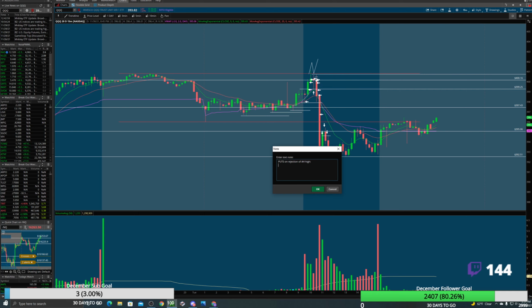So if this was 400, or right under 401, I'll probably be looking at a breakdown of this VWAP, up here, which would be like 399. So I'll probably look at some out of the money, 1 to 3 out of the money contracts close to being in the money, like 398 or 397, right? So I'll do this every morning, and then we'll talk about calls, if off open we bounce off the low.